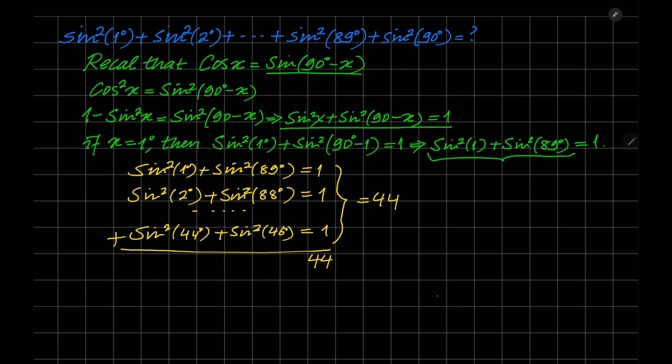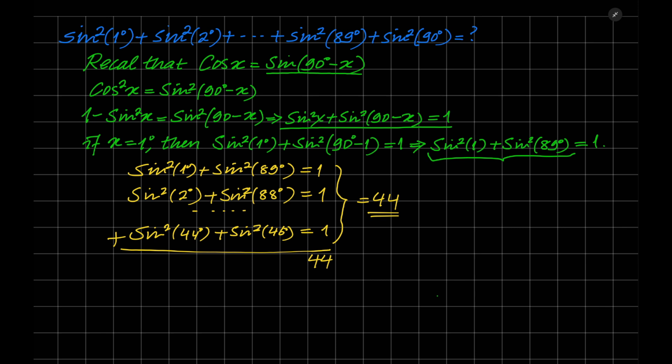It's 44 pairs. So we have evaluated 88 terms which are equal to 44. But the entire sum has 90 terms. There are still 2 terms we need to add.